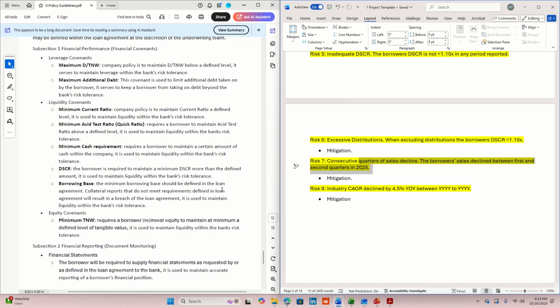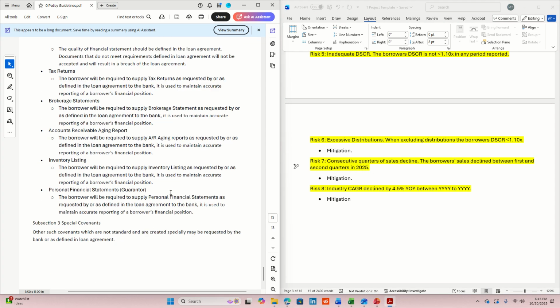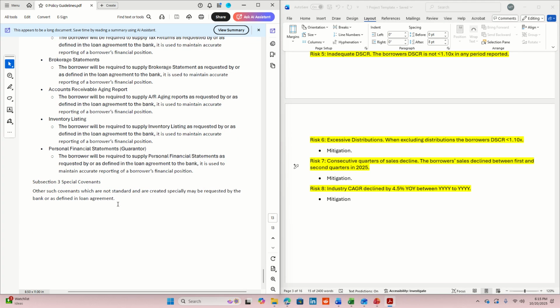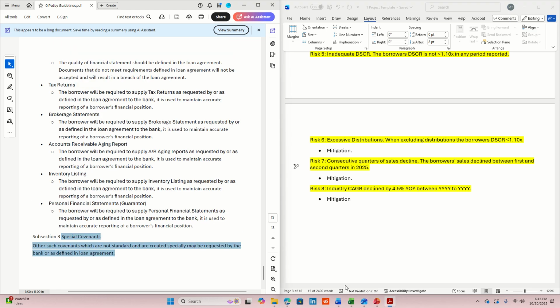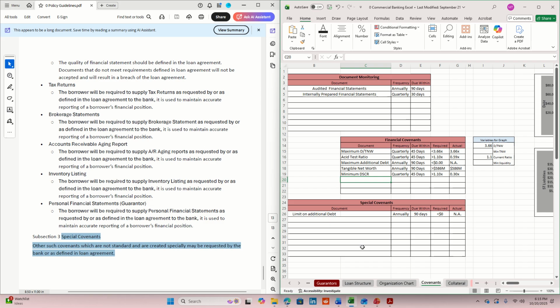So if their sales declined, what can we do? We can create a special covenant. Now, a lot of you guys already have that special covenant written into your Excel. And that special covenant is no two consecutive periods of losses.